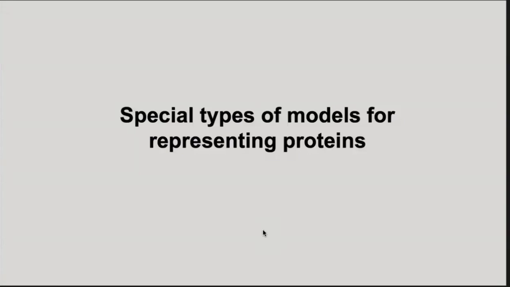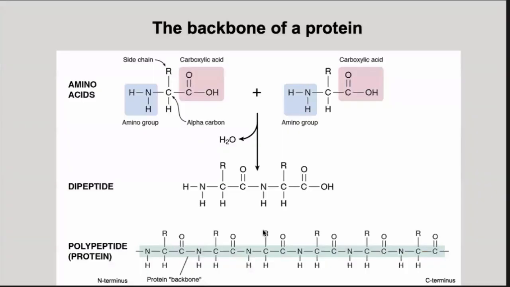Two of these kinds of models focus on being able to visualize the folding of the amino acid chain as it winds around inside the protein. So in order to understand these two other kinds of models, we do have to learn a little bit about proteins. We'll come back to this later in the course.